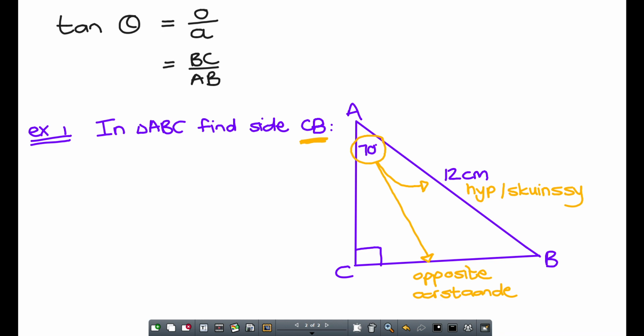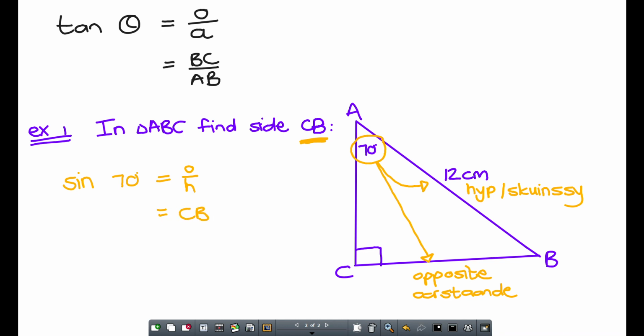Nee. So nou gaan ek sê, sin, en van watse hoek af het ons gewerk? Van die 70 grade af, nee. Sine 70, now remember, sine is most opposite over hypotenuse, nee. Okay, now the opposite is actually CB.